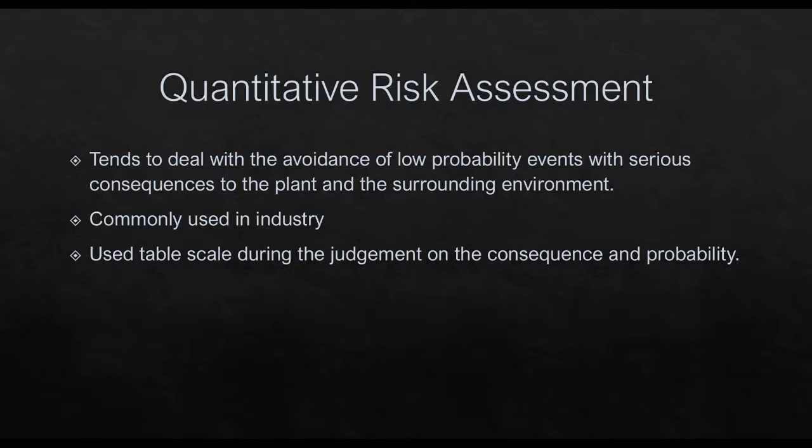And then commonly used in industry, this quantitative risk assessment approach uses the table scale during the judgment on the consequence and probability. Okay. In the risk assessment, we face the judgment process actually.